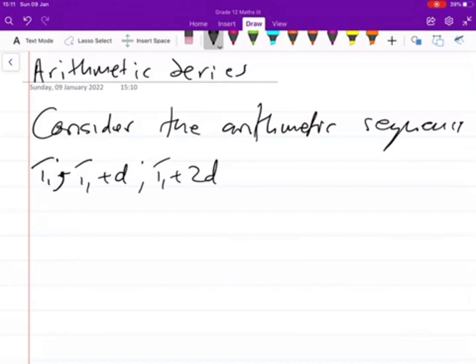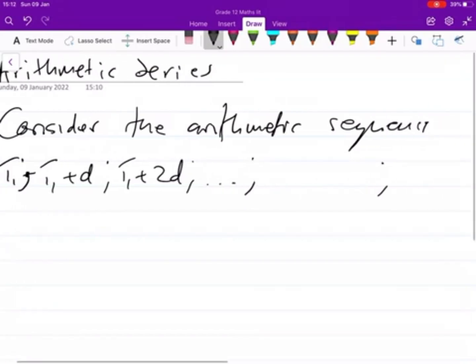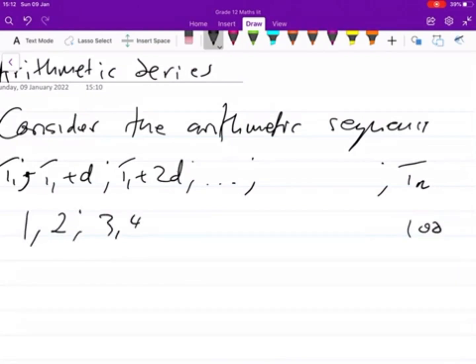All right, and then I can say dot dot dot, and I will start with the last term. And if you are working backwards, let's say your last term was 100 and your numbers were 1, 2, 3, 4, you can see that the common difference is found by adding. For you to get the next number, you would add 1.